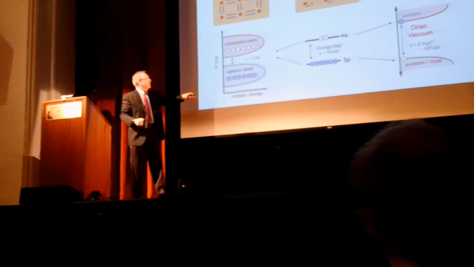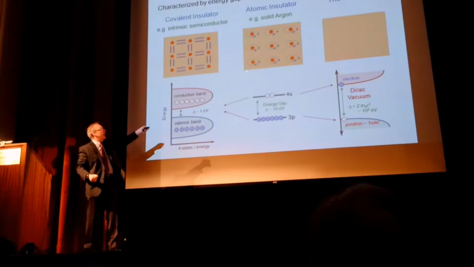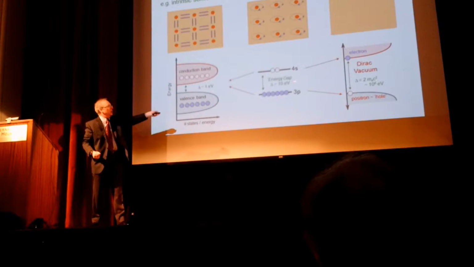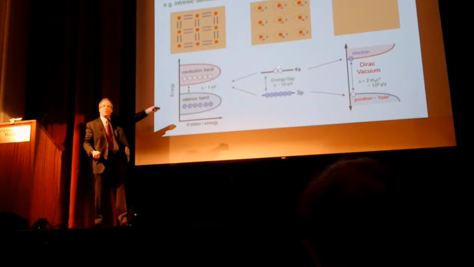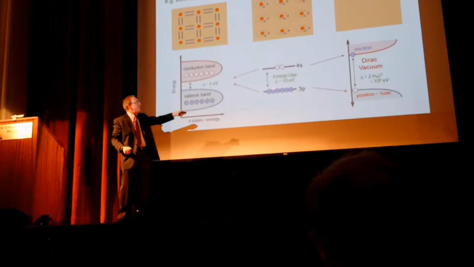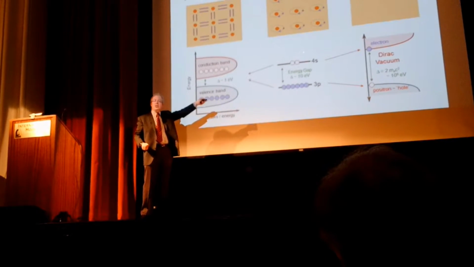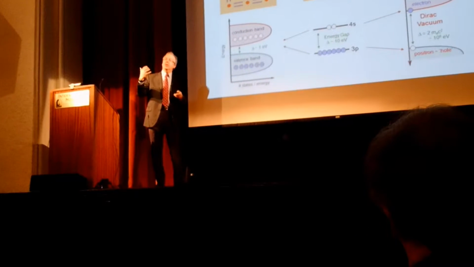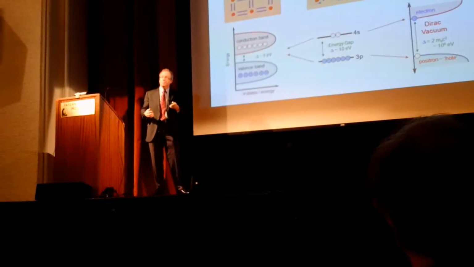So in an inert atom like argon, if you have a crystal of inert atoms, then you have discrete energy levels, and one energy level is all occupied with electrons, separated by a very big energy gap from the next one. What this discreteness of the energies means is that in order to dislodge an electron from one atom, you have to overcome this huge energy barrier. That is the reason why insulators are electrically inert, because it costs this huge energy to dislodge an electron.